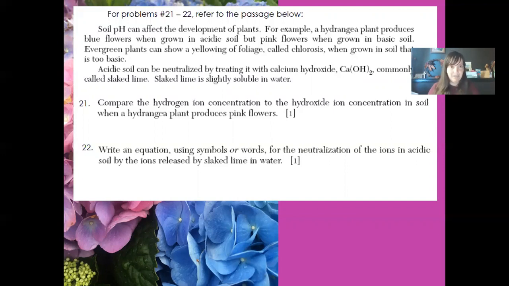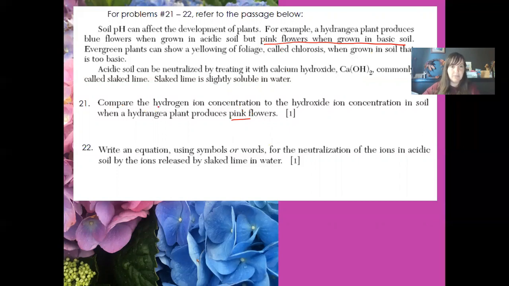So question 21, compare the hydrogen ion concentration to the hydroxide ion concentration in soil when a hydrangea plant produces pink flowers. Okay, so what did they say about pink flowers? They said it has pink flowers when grown in basic soil. So pink means basic.